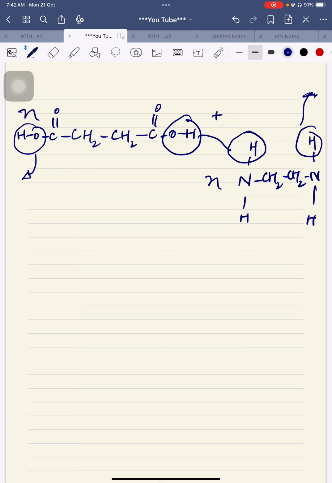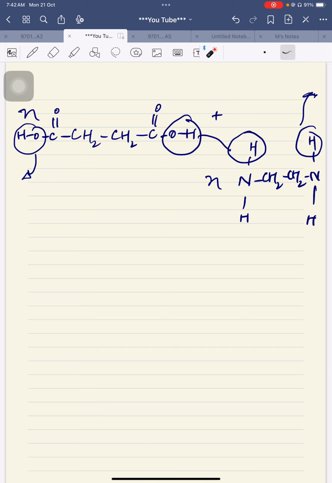They keep holding hands of each other, one to the next, next to the next, and in this way there is a continuous combination. What will be on this side? There will be a diamine. What will be on this side? There will be a dicarboxylic acid. So next is diamine, next is dicarboxylic acid, and so on.